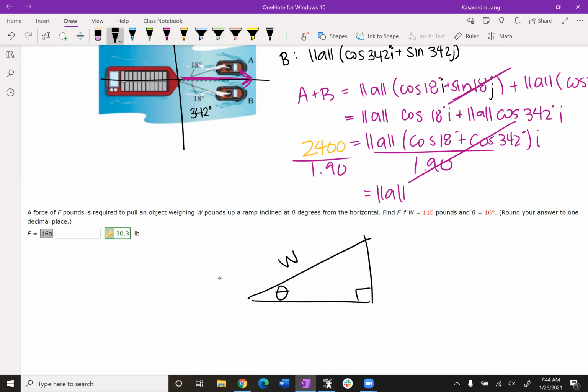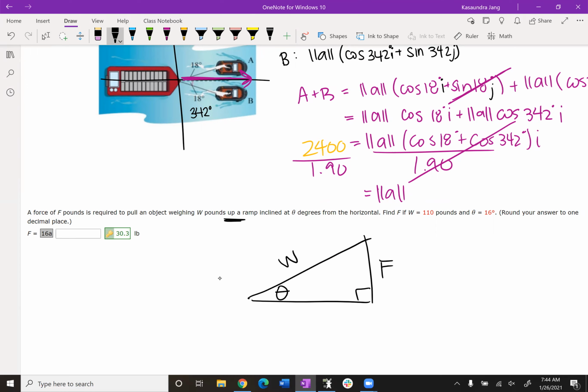Let's see, where's the F? A force of F pounds is required to pull an object weighing W pounds up a ramp. I think that kind of tiny little word, it's, is not telling me that I'm going to the side, I'm going up. So I'm going to put my F right here.